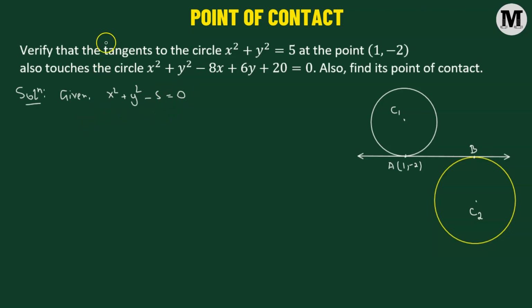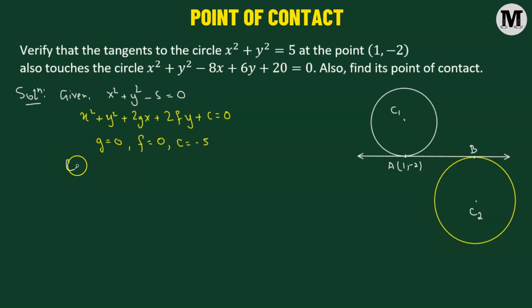The reason we're doing this is that we're going to compare it with the general equation of a circle, x squared plus y squared plus 2gx plus 2fy plus c equals 0. If we compare this equation with x squared plus y squared minus 5 equals 0, we obtain g to be 0, f will be 0 as well, and c will be negative 5.